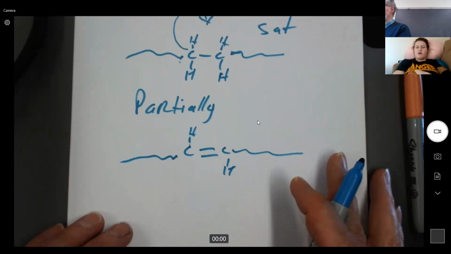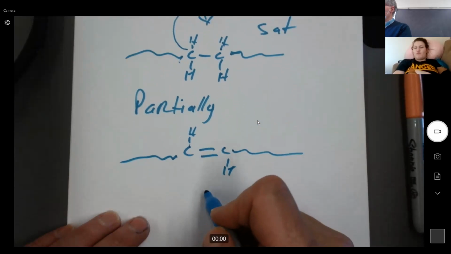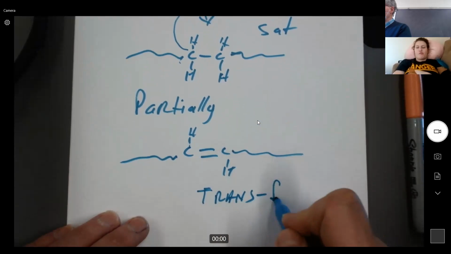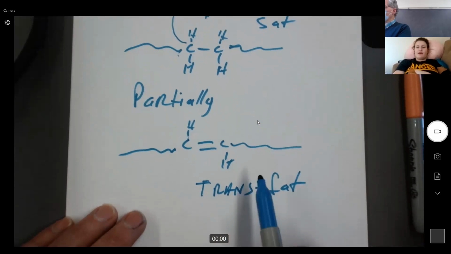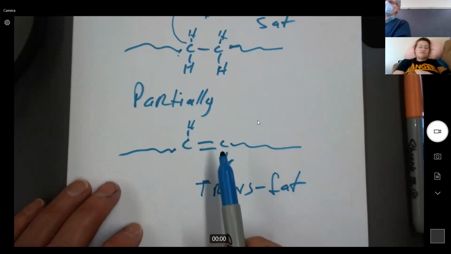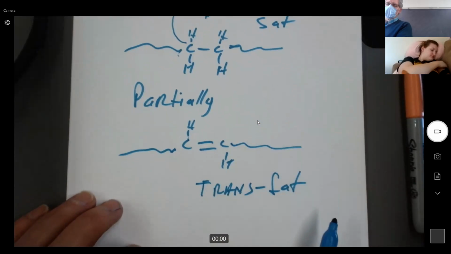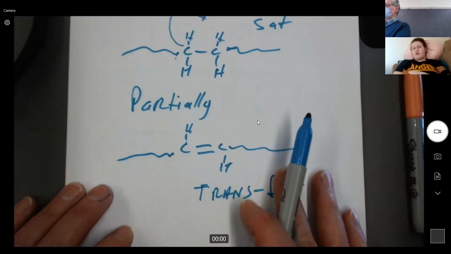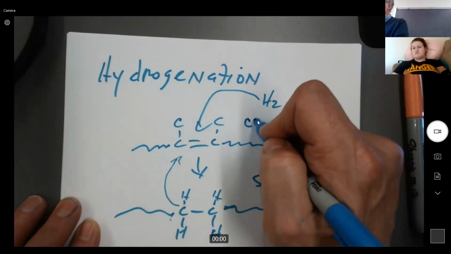Like that. And this is what we mean by so-called trans fat. Fatty acids essentially with these trans double bonds. Natural fatty acids that are unsaturated tend to be in the cis formation.